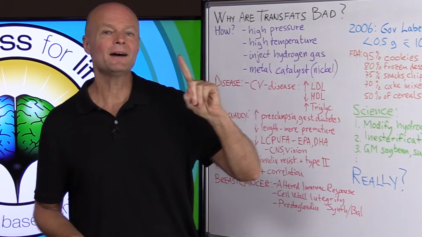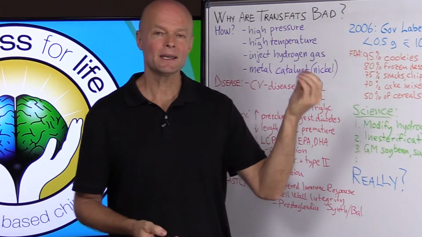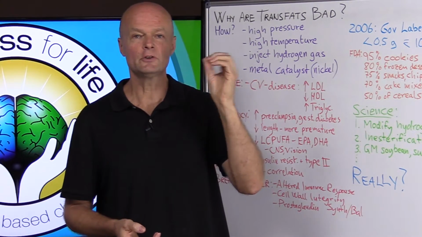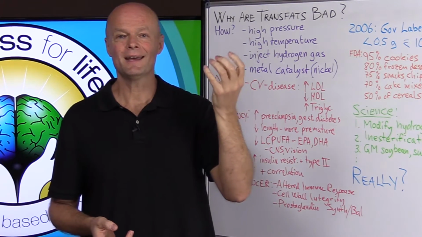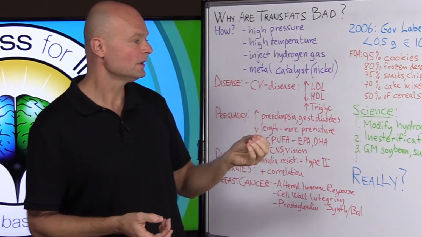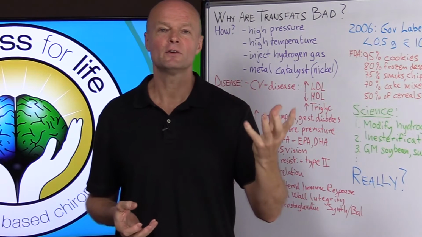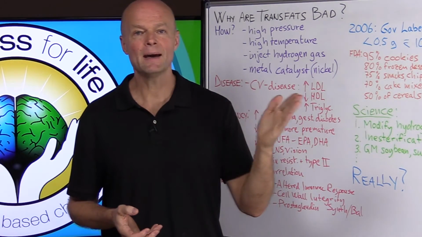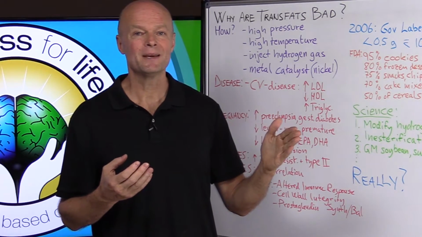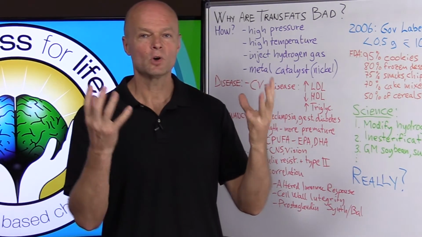Show me one time where science has created a new food, has altered a food at the chemical level, at the molecular level, and created a healthier food. It has never happened, and it is my opinion that it will never happen because we're working in the wrong arena.